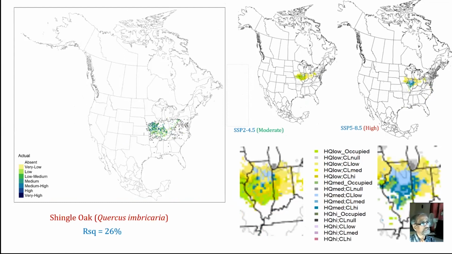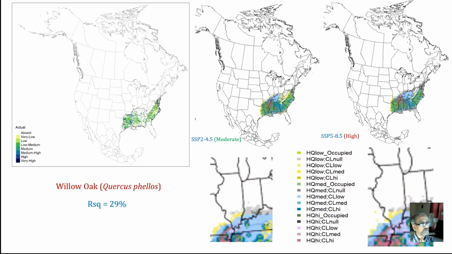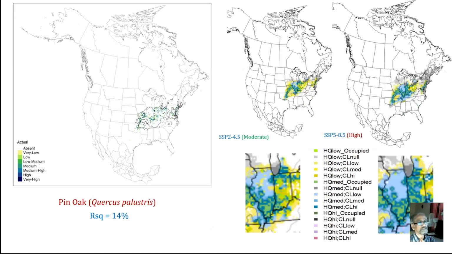Shingle oak, again, it seems to do pretty well under future scenarios. And then the willow oak, again, in the southern regions, just barely in the south. And then the pin oak seems to do well under both scenarios, very similar.